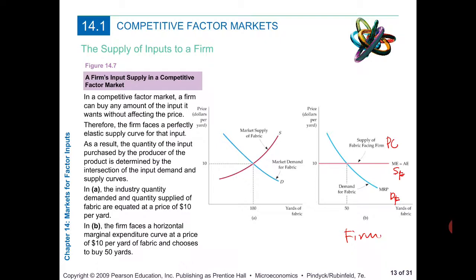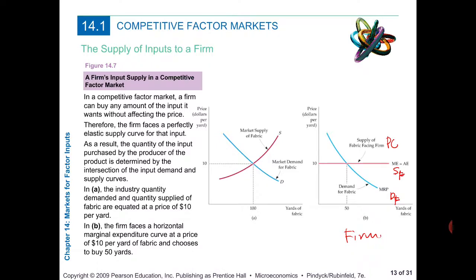If you recall from chapter 10, marginal expenditure and average expenditure, when you have a price taker, M always equals A. But you know that expenditure means how much the firm is spending on factors, which is based on the price that the factors are being offered at. So that's the meaning of marginal expenditure and average expenditure.